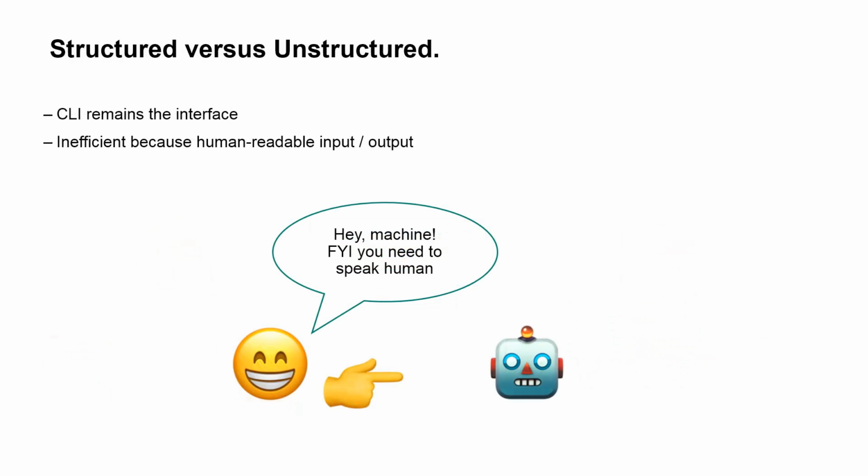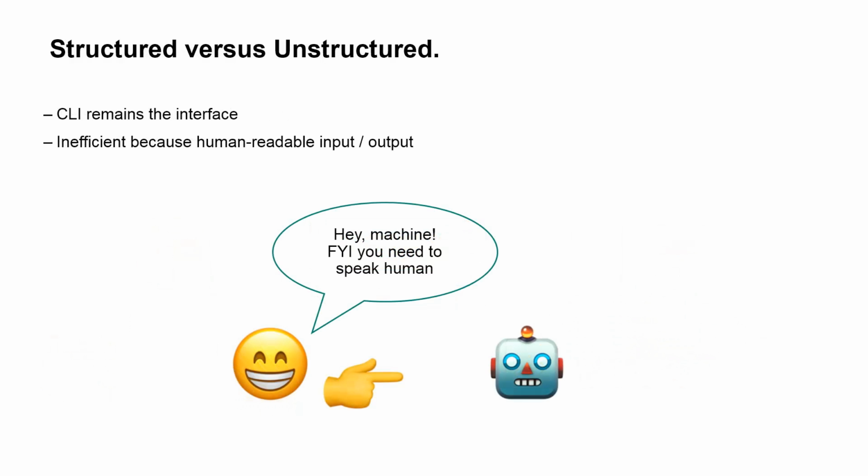Now this is inefficient because the CLI itself, by its nature, if you think about it, the vast majority of networking kit CLI is written in English essentially. You know, you've got show, IP for Internet Protocol, route for your routing table. So that's something that a human can read. But remember that the machine doesn't need to know all of this stuff.